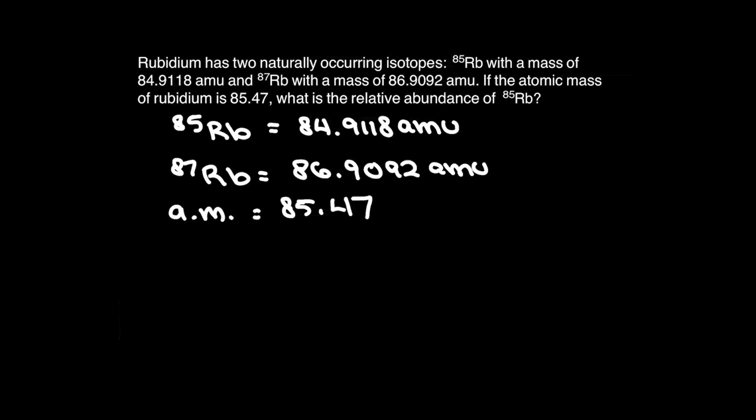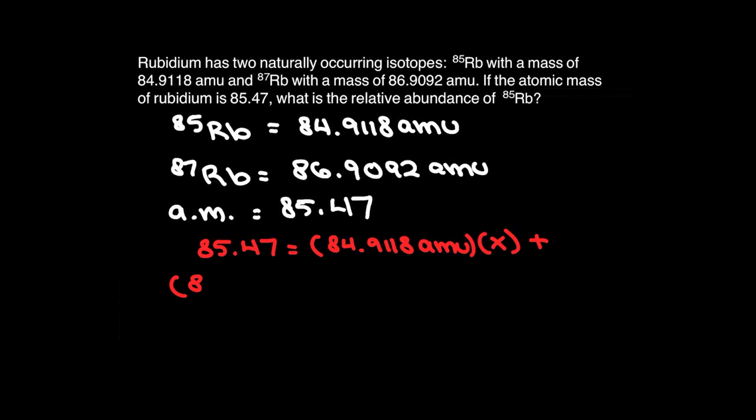So we're going to use that formula again. So we got 85.47 is equal to, we're going to start with the 85 rubidium. So we have the 84.9118 AMUs times the percent abundance, which we do not know. And now we're going to add that to the second part.